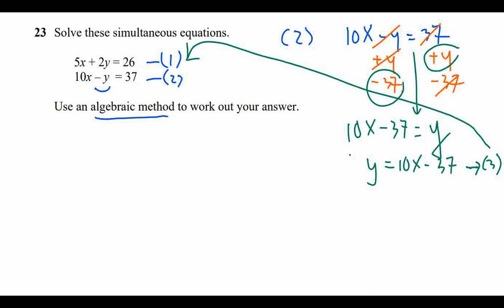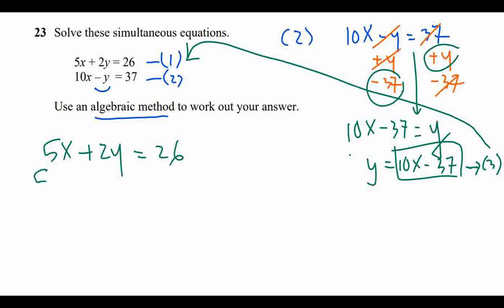So now 5x plus 2y equals to 26, and y we can substitute with 10x minus 37. So now 5x plus 2 times the bracket 10x minus 37 equals to 26.